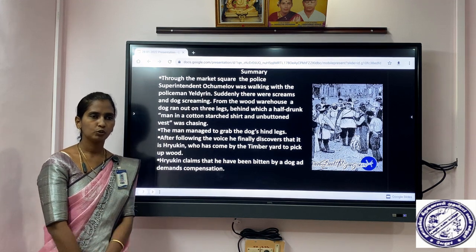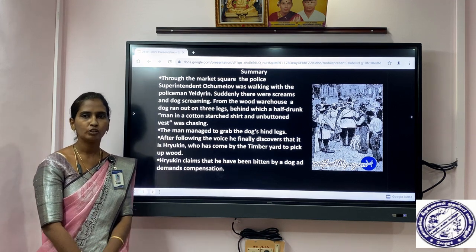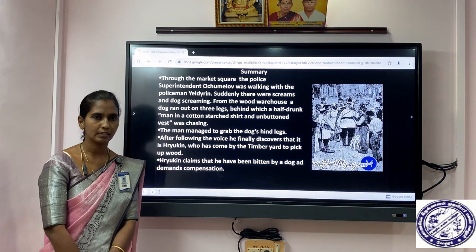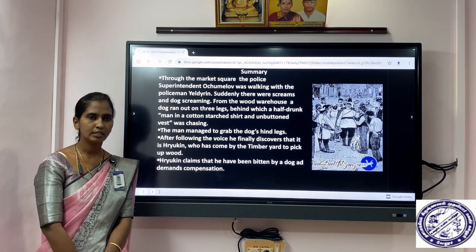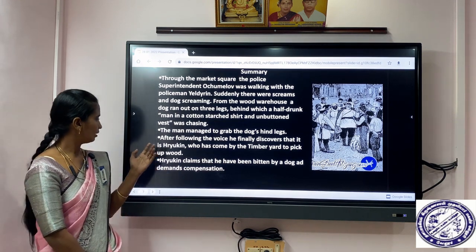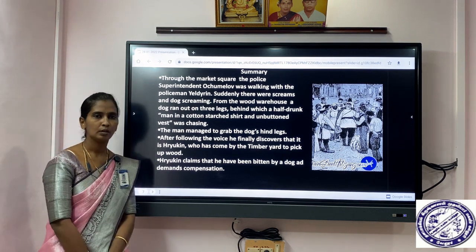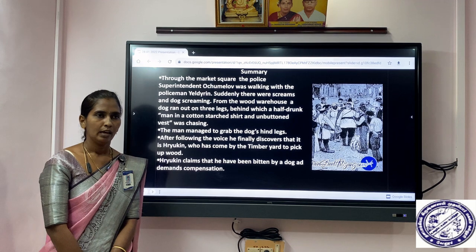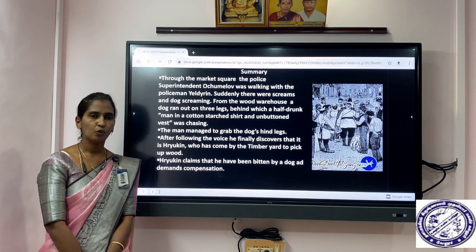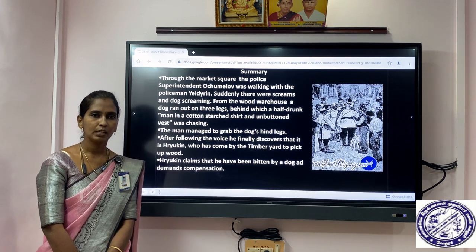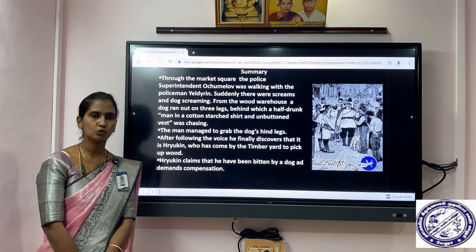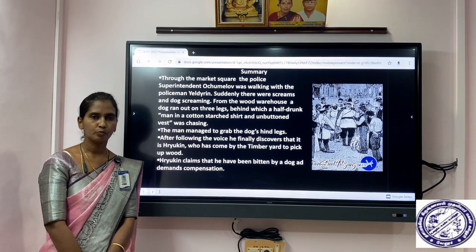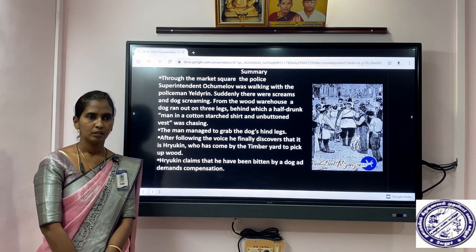Ochmiller, who was going around the market square, wanted to find out what was wrong. He goes there and discovers that the man called Rukin, a goldsmith, was bitten by a dog, and his forefinger has been bitten. He claims that a report should be drawn up and the dog should be killed immediately.